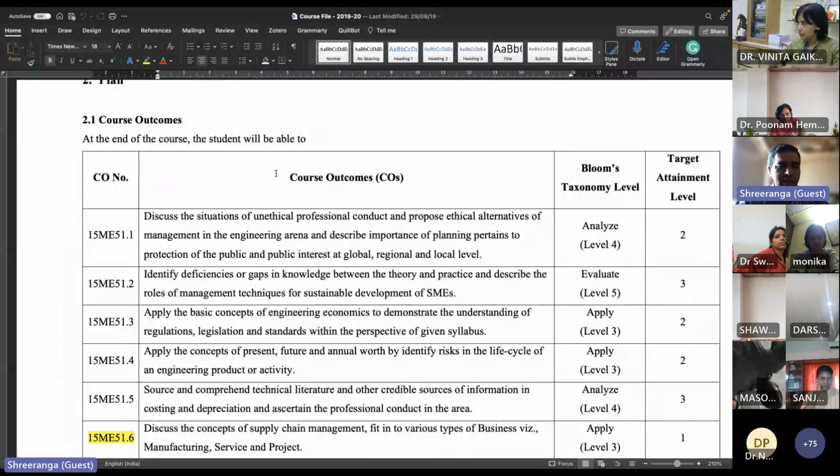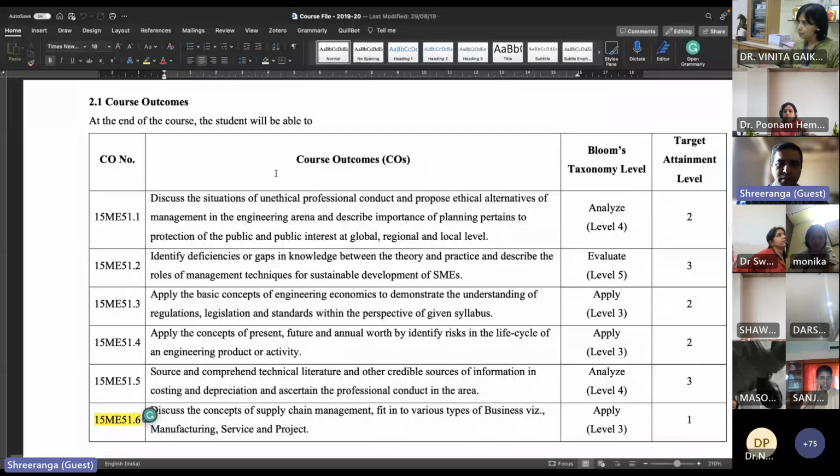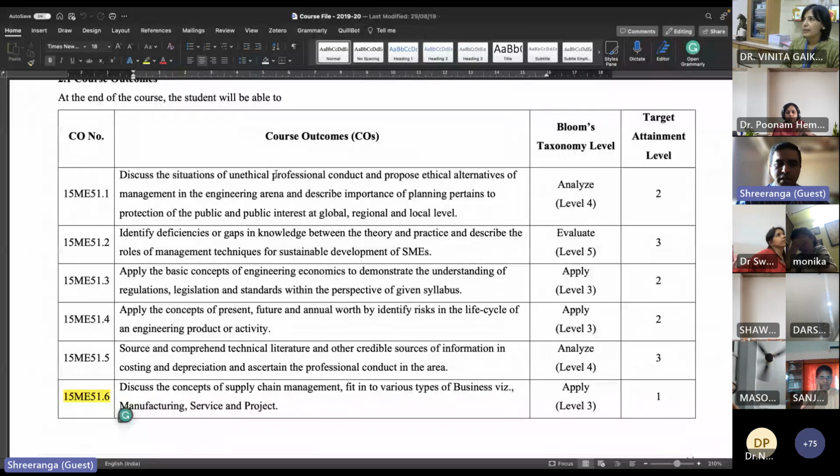Sir, can you see my screen? Madam, can you see? Yes, sir, we can see the screen. Yeah, madam.